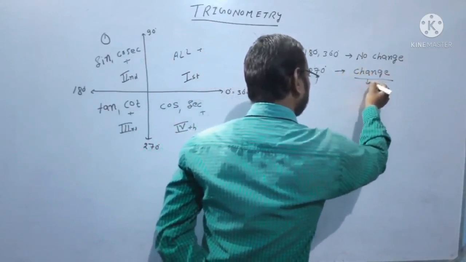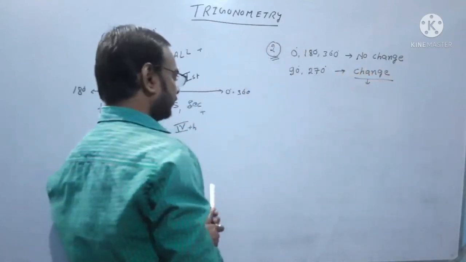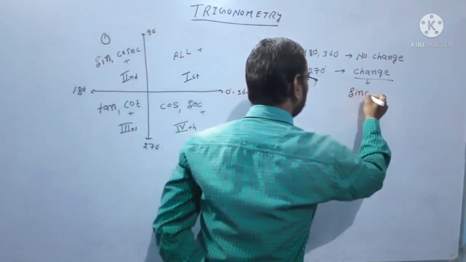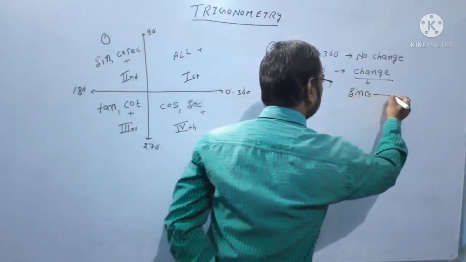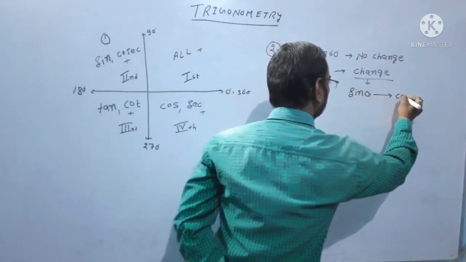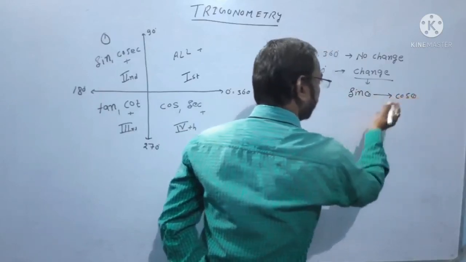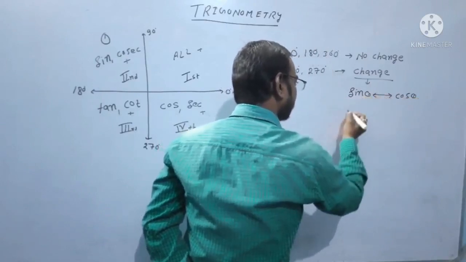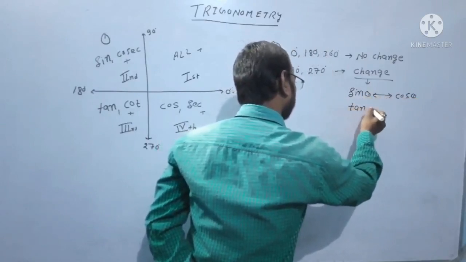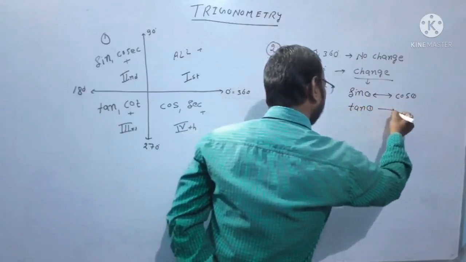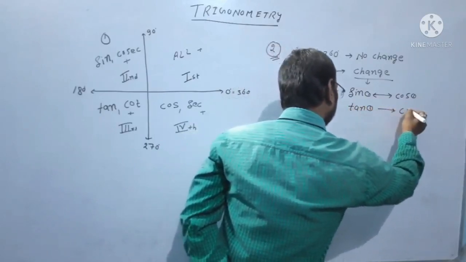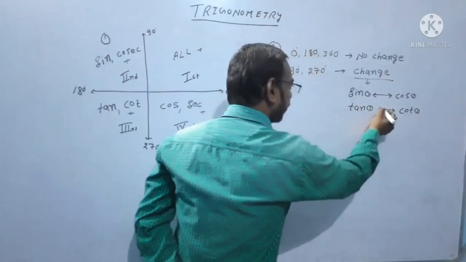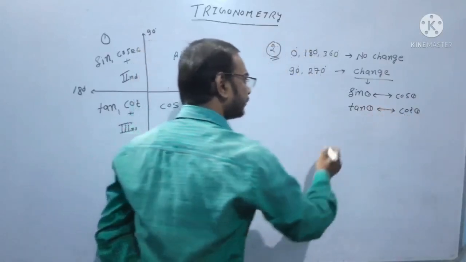What is the change? The change is, if we see sine of theta, then this sine of theta is converted into cos of theta, and cos is also converted into sine theta. If we talk about tan theta, then tan theta is converted into cot theta, and cot theta is also converted into tan theta.